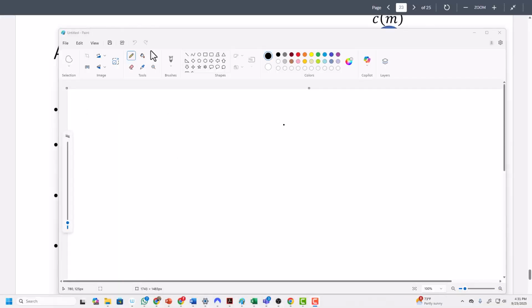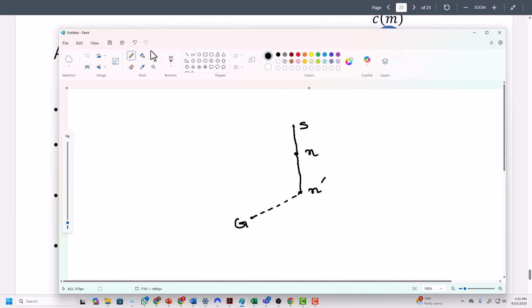How consistency works: say there is a start node S, and on the path to the goal, let's say there is another node n, and after some time there is another node n prime, and let's say this is the goal node G, and you can reach G from n prime. You can also reach G from n.